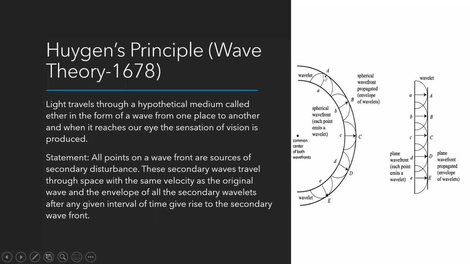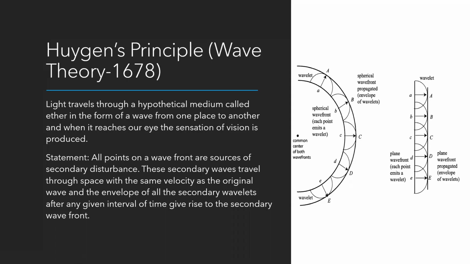And the envelope of all these circles will give you the next wavefront. Again, if you are considering another time, then again you have to consider these points as sources of light, draw circles, and the envelope of all those circles will give you the next wavefront. Like that, that is how the wave is propagating.